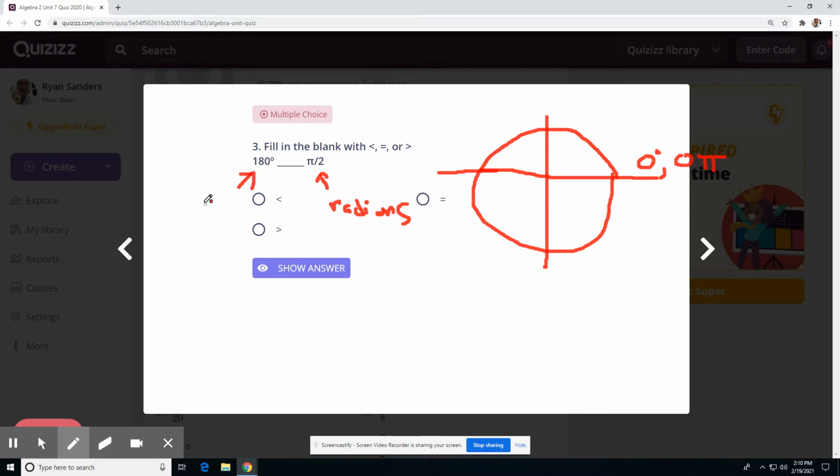This is degrees. And our converter is 180 degrees. 180 over pi, or pi over 180. Use that as a converter to see which one's bigger or smaller. You can't compare unless they're the same unit.